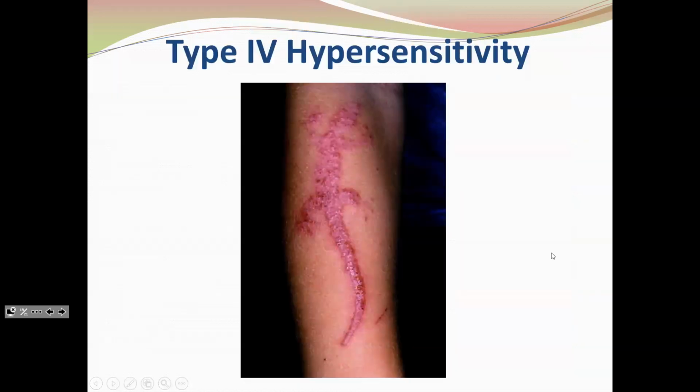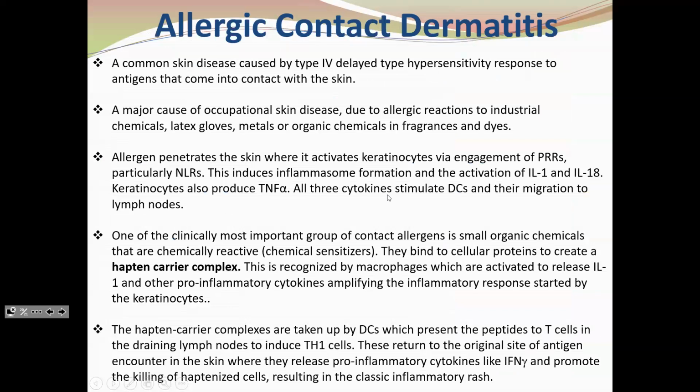And then finally, type 4 hypersensitivity, which, if you remember, is due to the activation of the cell-mediated immune response, particularly Th1 and Th17 cytokines produced by these cells.